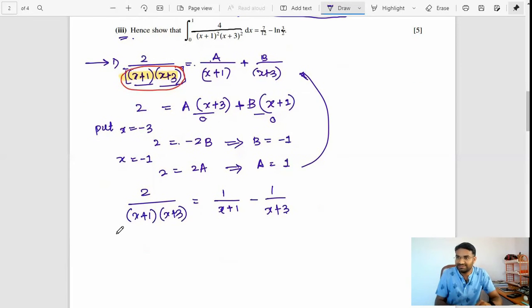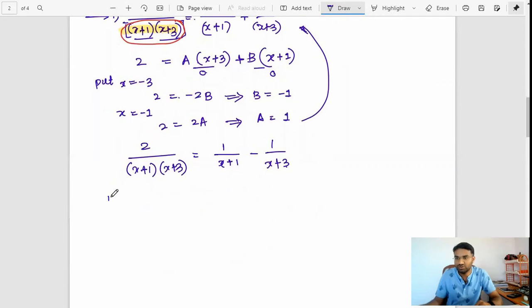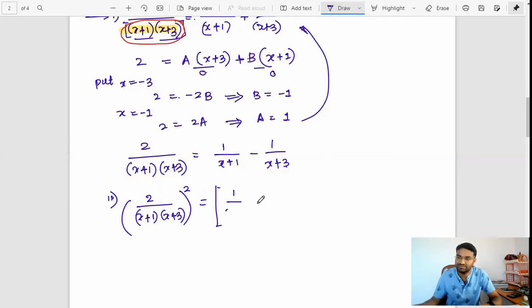Fine. Now in the second part we have to take the square. The square of the left hand side, 2 upon (x plus 1)(x plus 3) bracket squared, means you have to take the square of 1 over x plus 1 minus 1 upon x plus 3.